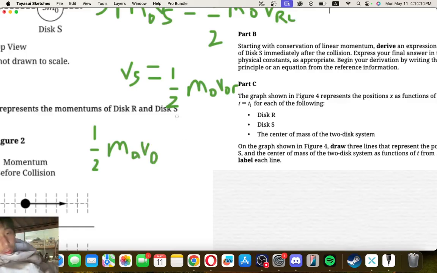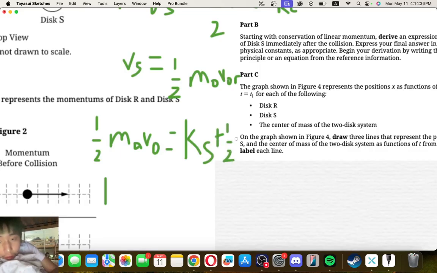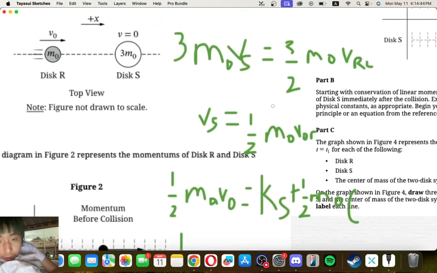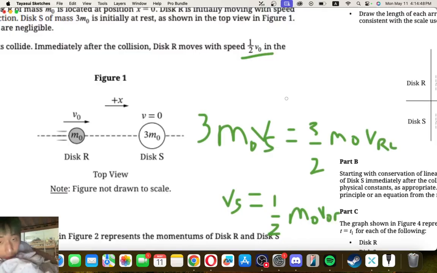And on the other side, it would be kinetic energy of S plus kinetic energy of R. But we know that the kinetic energy of R, after it at least, is MO times, oh my god. Okay, this is 1/2 VO.